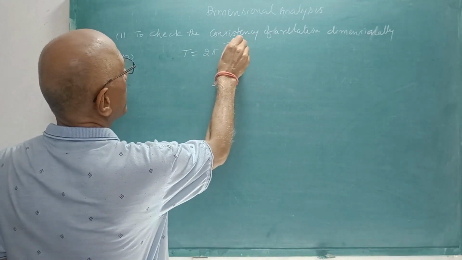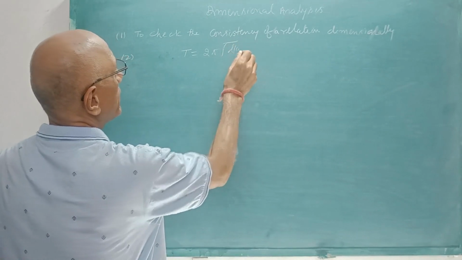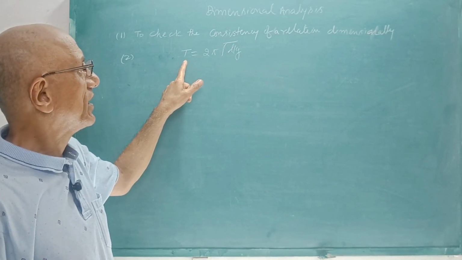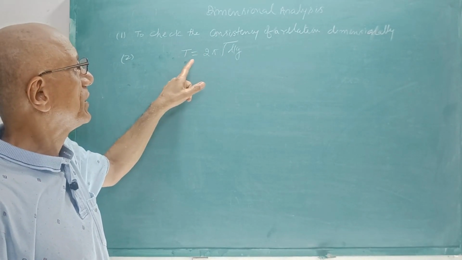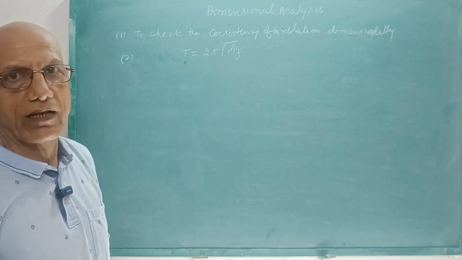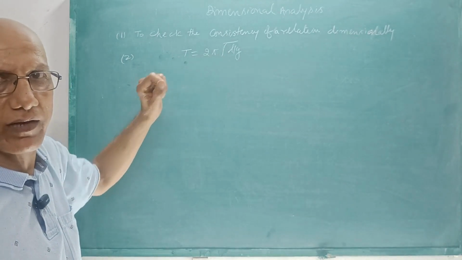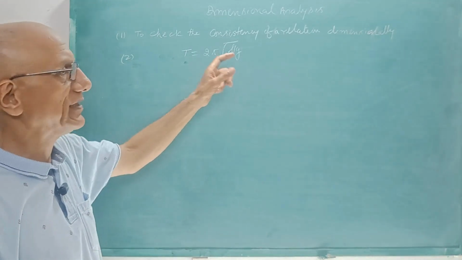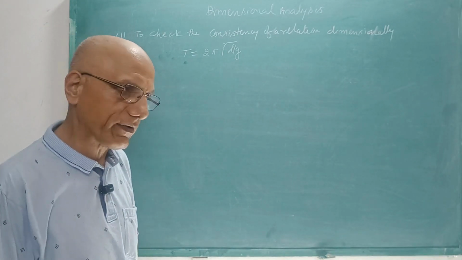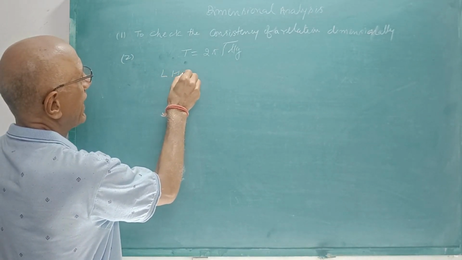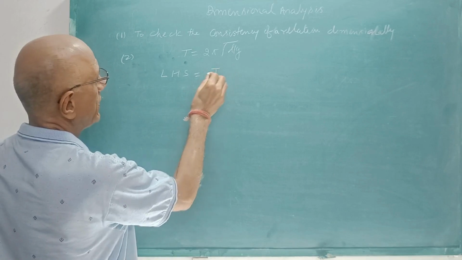Now we will check another relation, and the relation is t equals 2 pi under root L by G. The time period of a simple pendulum is given by t is equal to 2 pi under root L by G, where t is the time period, L is the effective length of the pendulum, and G is acceleration due to gravity.